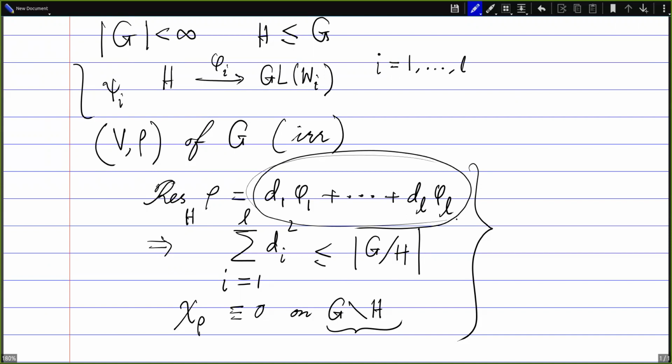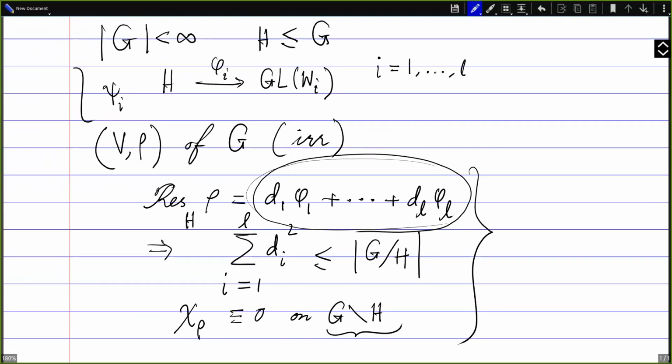So if we just restrict an irreducible representation of G to H, in general we can't say much about what it is going to be after restriction to H.